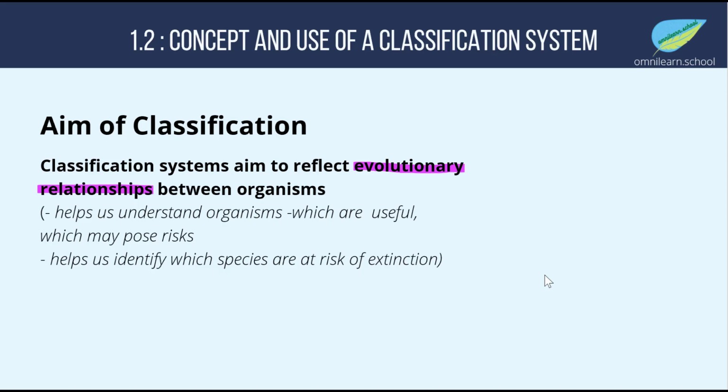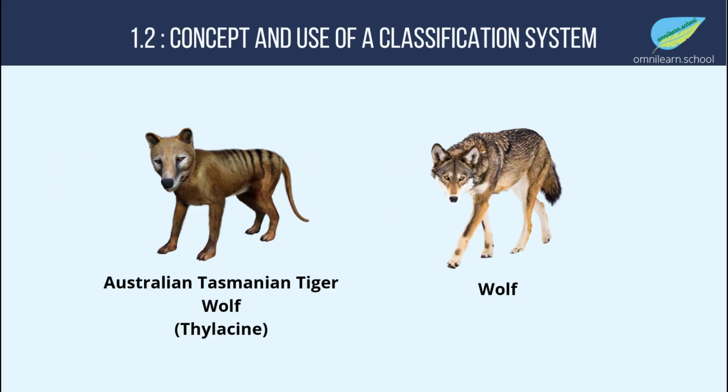In any case, if in a test or an exam you are asked what is the aim of a classification system, the only answer you are expected to provide is to reflect evolutionary relationships between organisms.